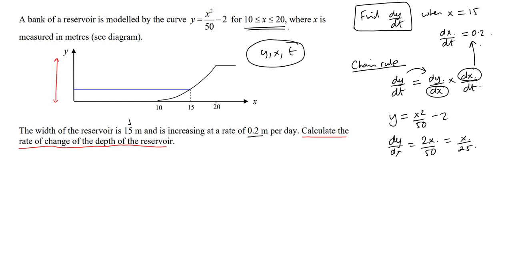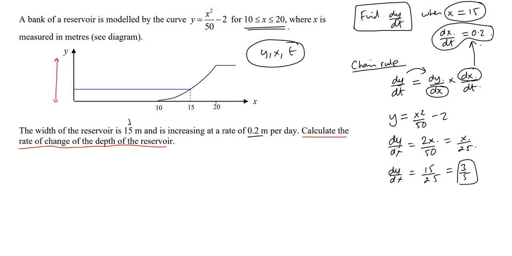But we know that x is equal to 15 at that point. So dy by dx is going to be 15 over 25, which cancels down to 3/5. So we found out what dy by dx is, and we already know what dx by dt is at that point, which is here.